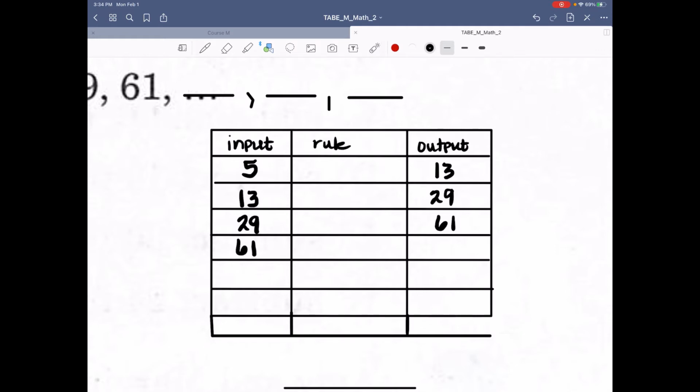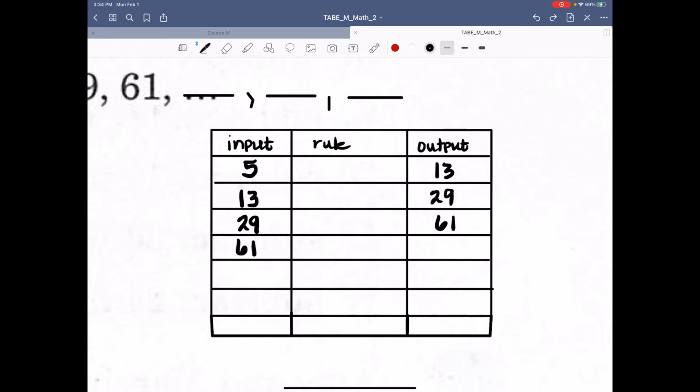So how do I get from 5 to 13? Plus 8. But then when I try that here, it doesn't work because 13 plus 8 is 21. So that is not the pattern, unfortunately. I wish it were.